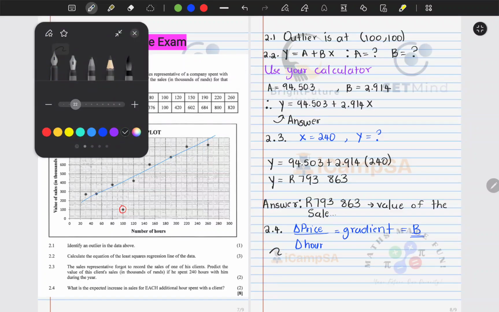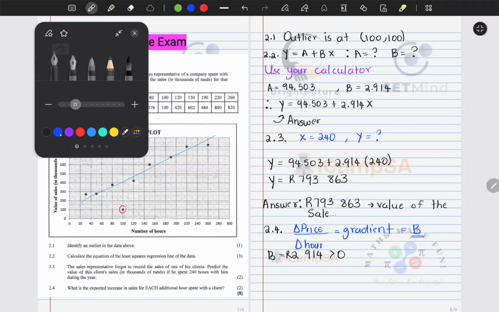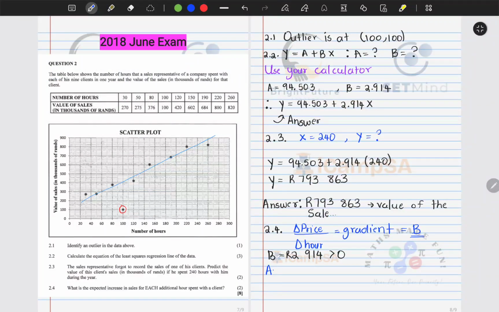So you will see that our B value, which is equal to 2,914, is bigger than 0. So meaning for every hour we are expecting to be making roundabout 2,914. So let's put that as our answer. And that is for every hour.